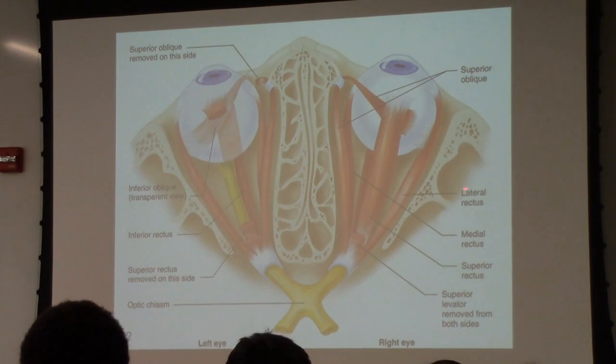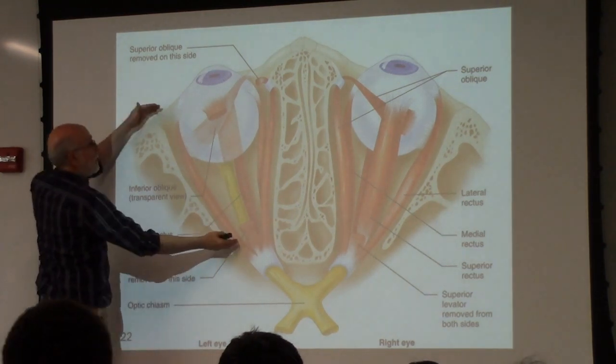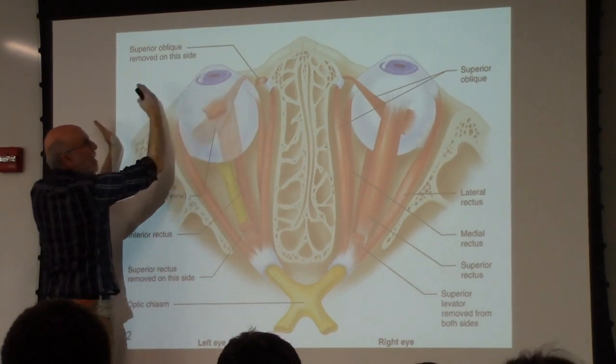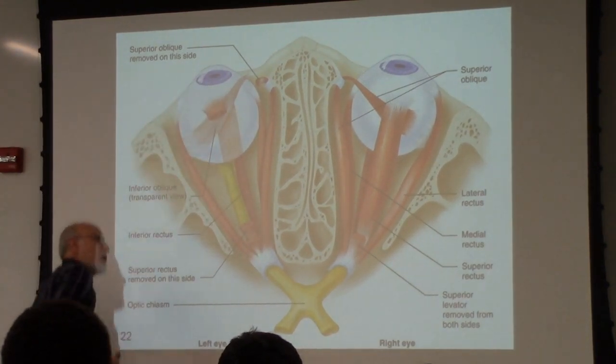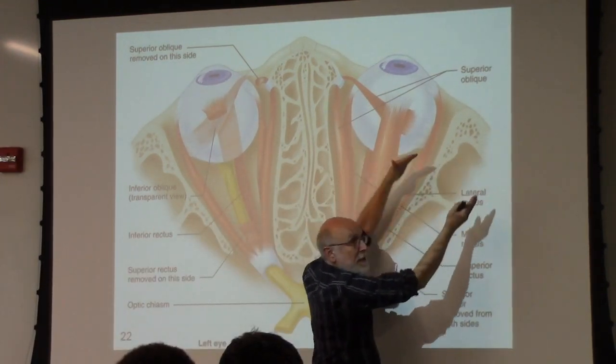It's called the lateral rectus. So this is the right lateral rectus, and this is the left lateral rectus. You can imagine, contraction of the left lateral rectus would rotate this eye to the left. Contraction of the right lateral rectus would move this eye to the right.